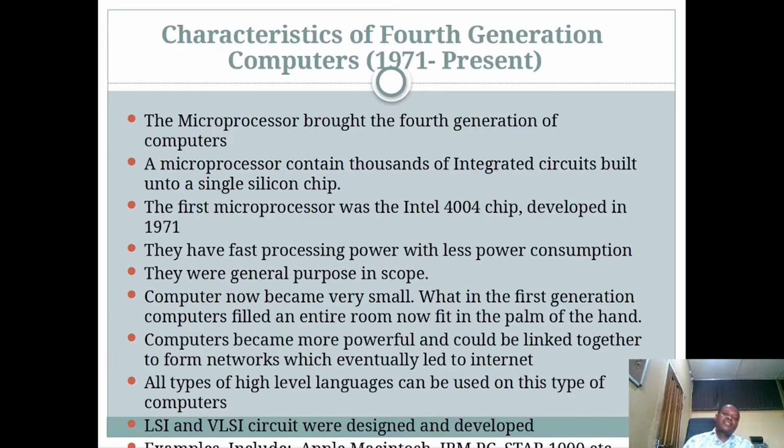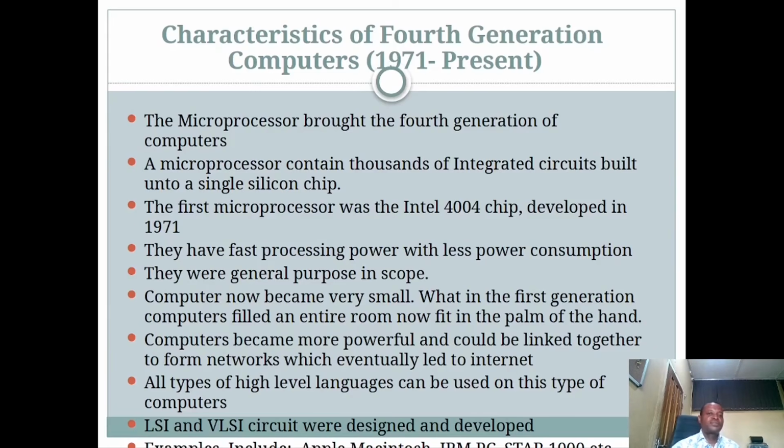We are now at fourth generation computer. We want to look at the characteristics of fourth generation computer. Number one thing you should know is that microprocessor became the major circuitry component of fourth generation computers.